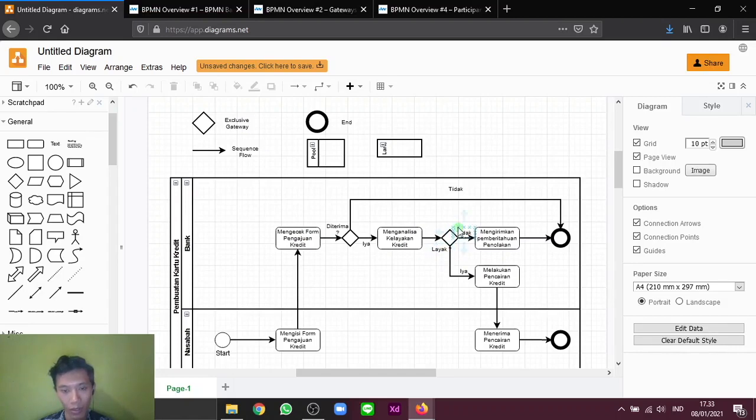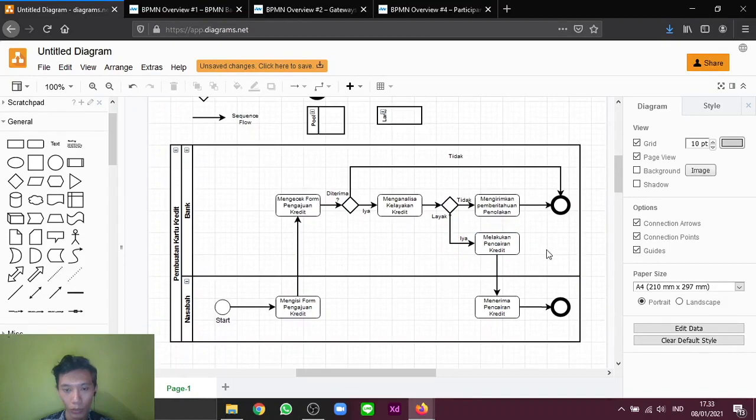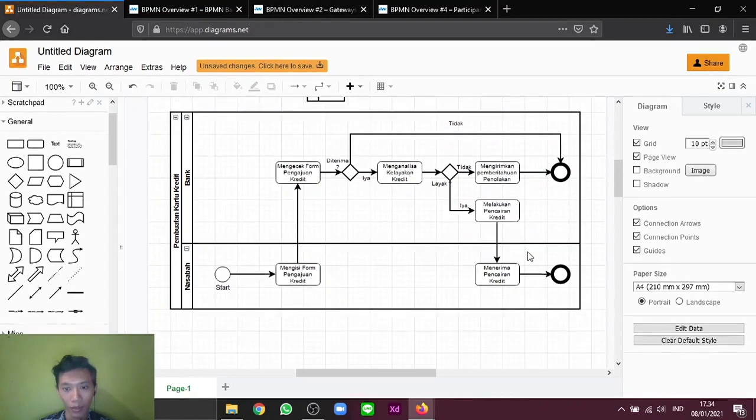If no, the nasabah gets a notification about the rejection to make the credit card, and the process ends. But if the credit card analysis result is yes, the next process is pencairan kredit, the credit disbursement, and then the last process is done.